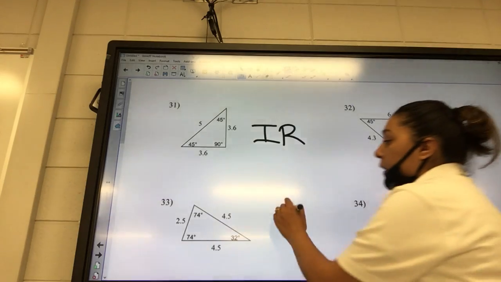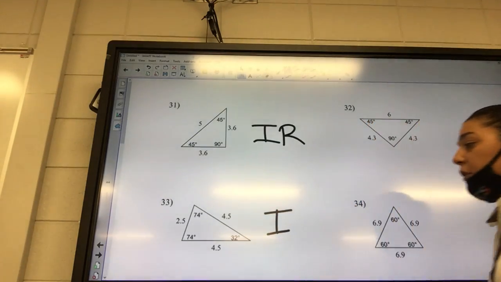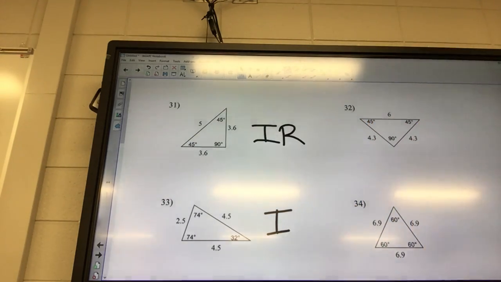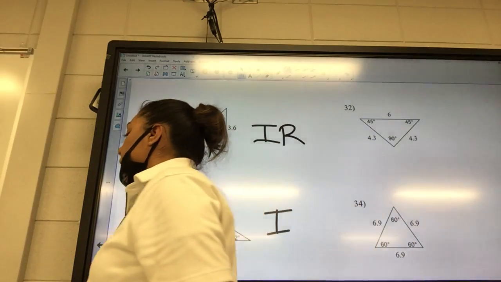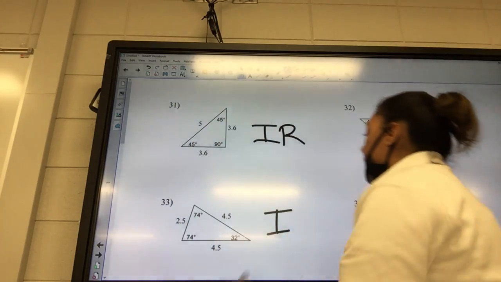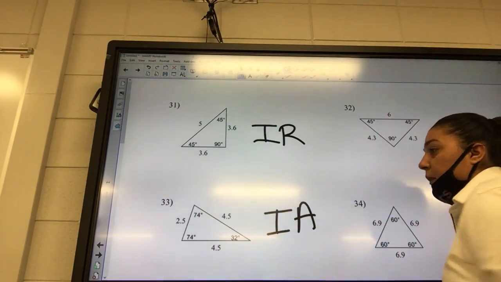Isosceles. And then my angles are 32, 74, and 74. So we pick the biggest one, 74. Is that 90, less than 90, or bigger than 90? Less than, so it's going to be acute.